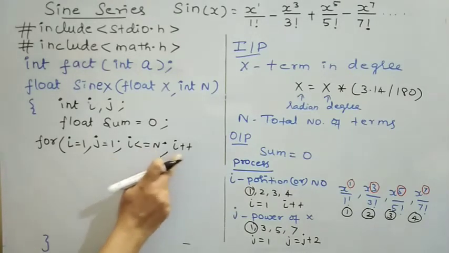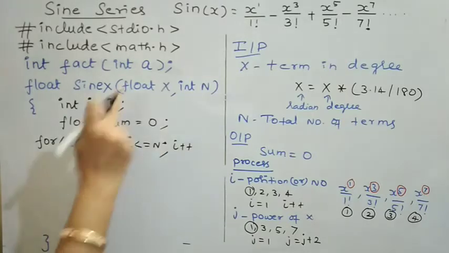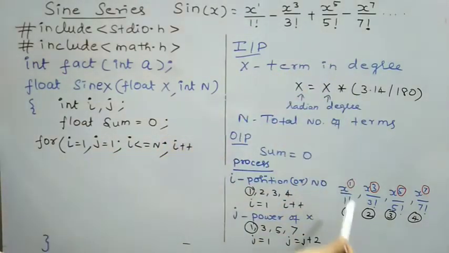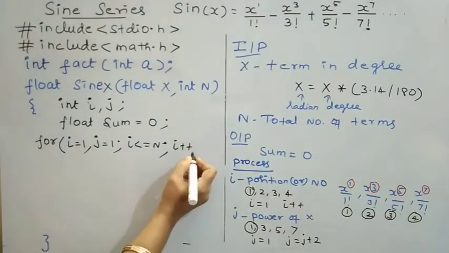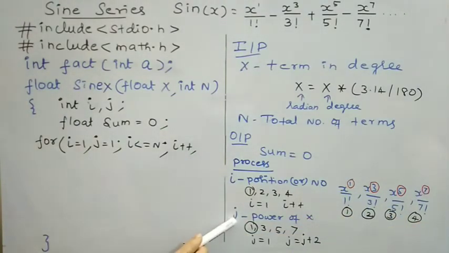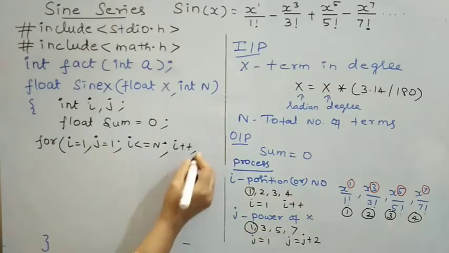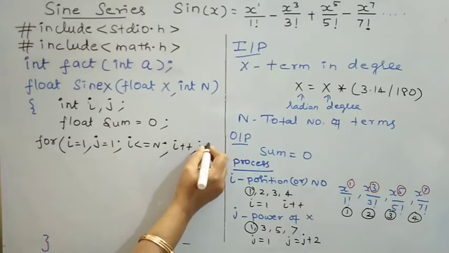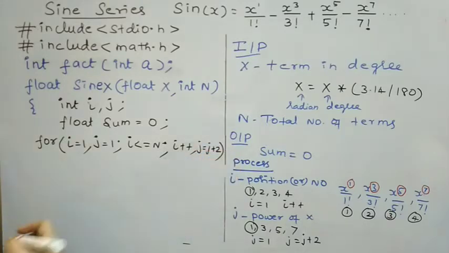Until that point of time, I need to keep on incrementing this i value. Once i becomes greater than the total number of terms, then I need to terminate. And then how to increment j? Each time the value of j is incremented by 2, so it is j equal to j plus 2.